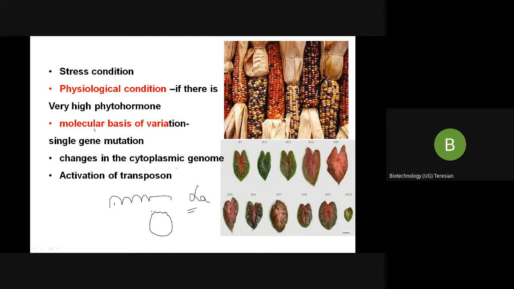So in the chloroplast, sometimes it is observed that some plasmids get extra chromosomal material and that gets integrated into your mitochondrial genome. And when it gets integrated into the mitochondrial genome, obviously it will result in change, because this is not my plant's chromosome. It has come from somewhere and integrated, and even this will start expressing itself. So it is leading to a change. So this can lead to a chromosomal variation.